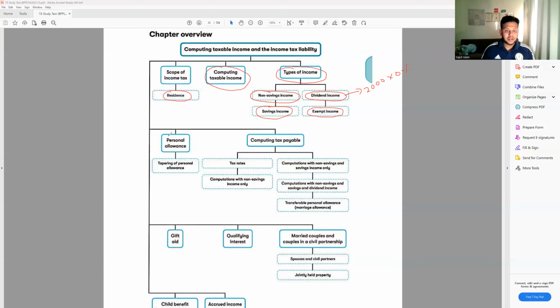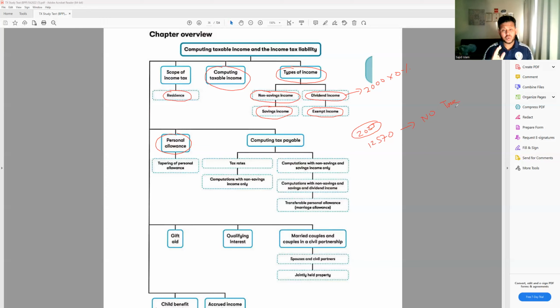The next one we have here is personal allowance. So far, we are more or less very used to this word, personal allowance, because all of us know that up to a certain level of earning, we don't pay any tax. So for example, in 2023, HMRC said if you earn 12,570 a year, up to this amount, you don't have to pay any tax.